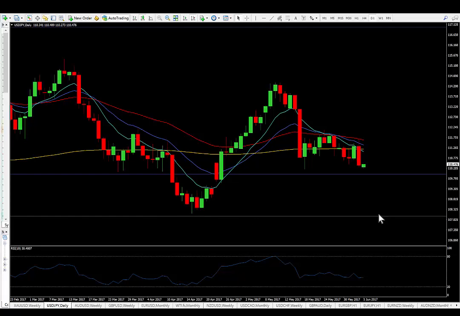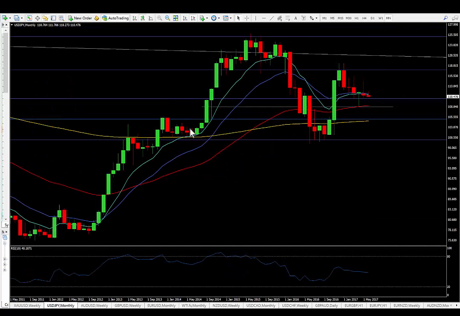Now, going back to the monthly chart, I want to talk about the possibility of what might happen next should we come into a strong support level and find a matching low. I'm not going to say it's going to happen here, but this is the next point of interest after the 110 level.